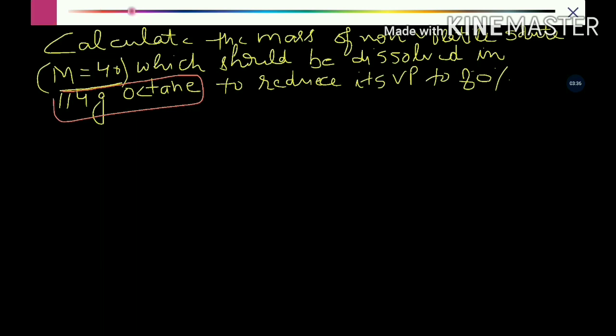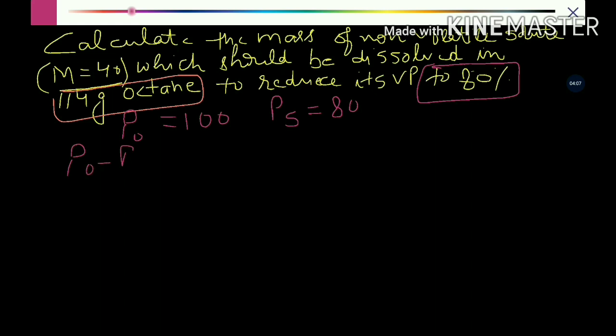That means if the initial vapor pressure P naught, the vapor pressure of the pure component, is 100, then when we add the non-volatile solute, the vapor pressure of the final resulting solution should be reduced to 80. Now applying the vapor pressure equation: P naught minus PS over P naught is equal to the mole fraction of solute.